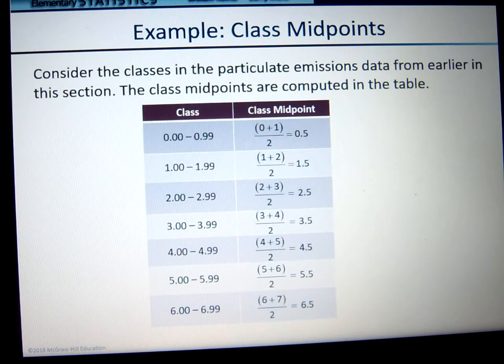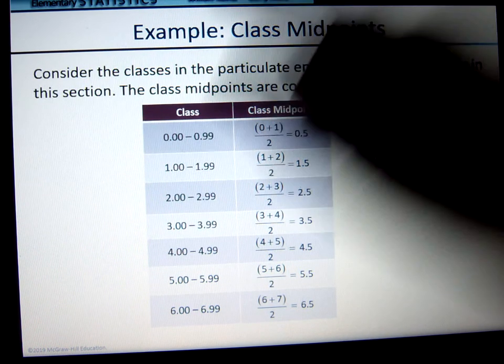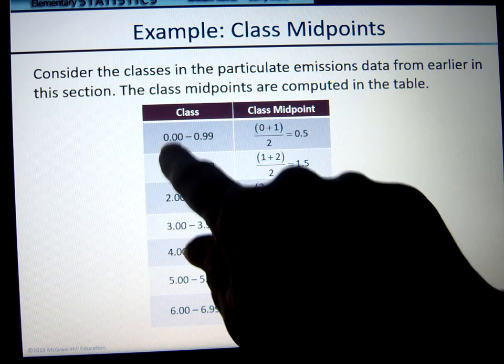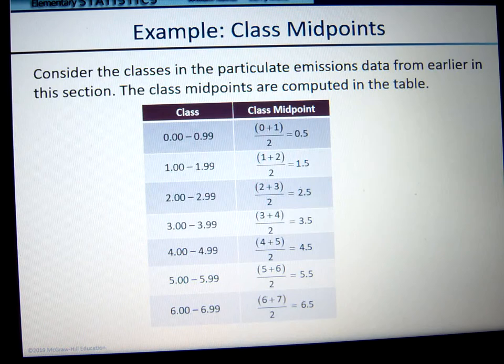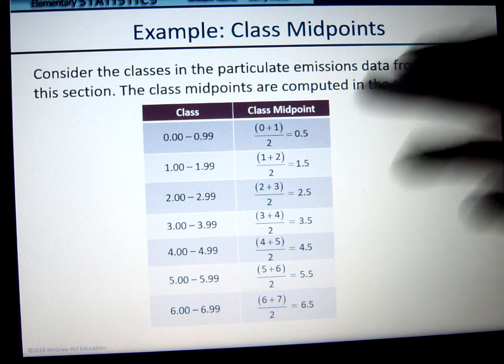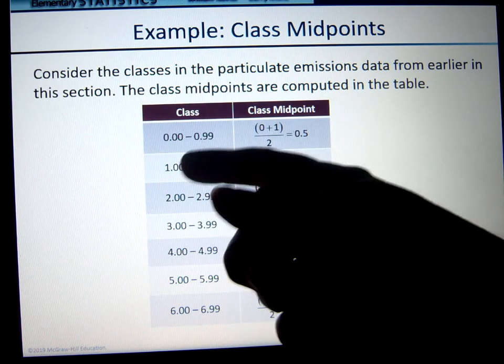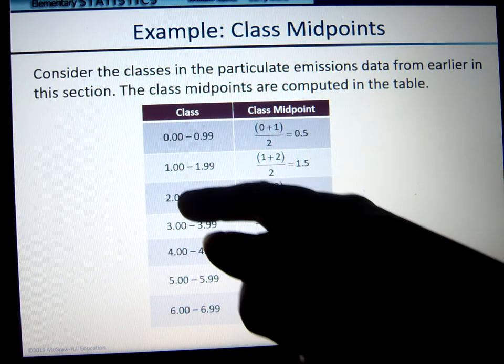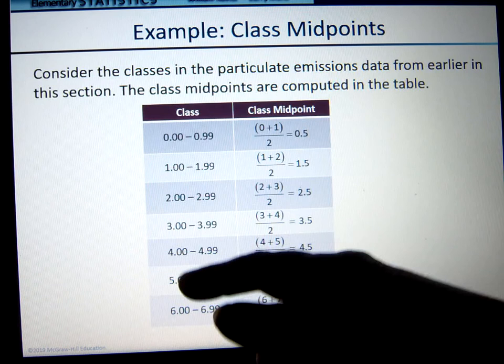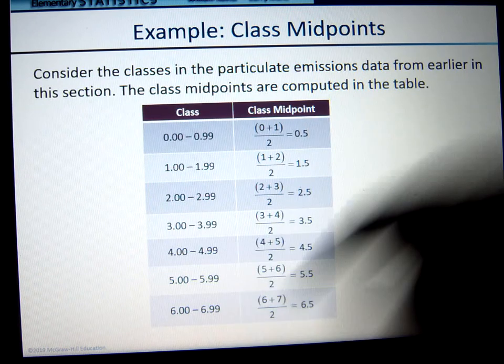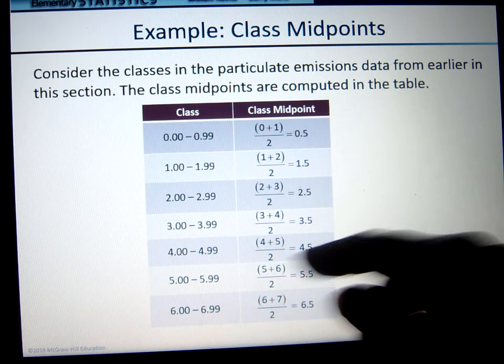So here's what we looked at before. We have from 0 to 0.99, but again, we're taking 0 plus 1, the next lower limit. So 0 plus 1, then divided by 2, 1 plus 2, 2 plus 3, 3 plus 4, 4 plus 5, and then 5 plus 6 to get this one. Now the last one is going to be 6 plus 7.